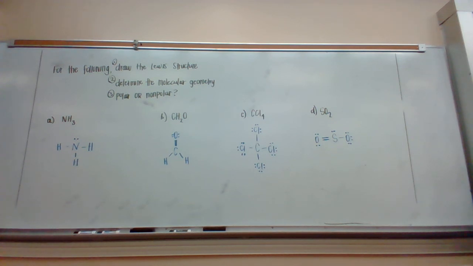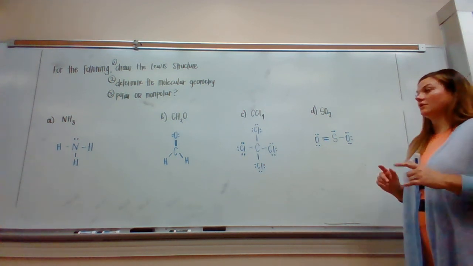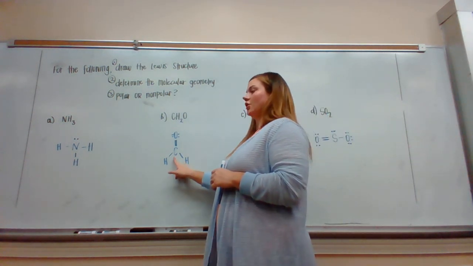Is it because of the geometry? Is that why you like it? Yeah. So you could have drawn it any way you wanted to, as long as everything was connected to carbon.